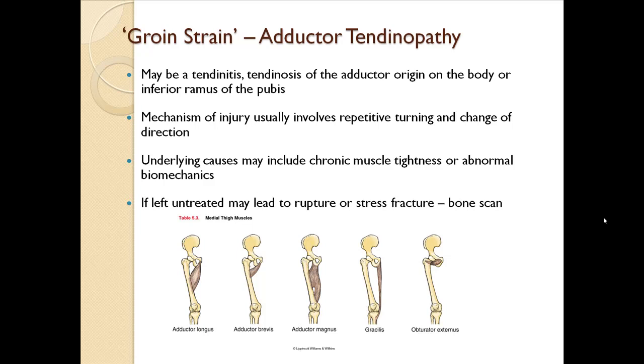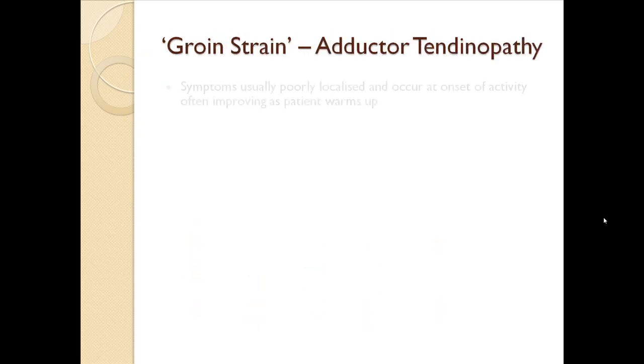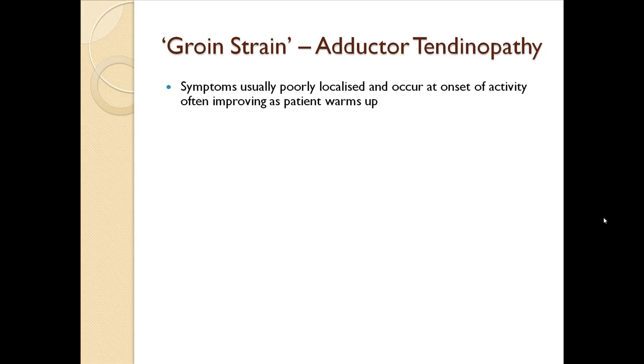If untreated, the adductor tendinopathy or the groin strain may lead to a rupture because of degradation of the tendon itself, or indeed may lead to a stress fracture, which can be identified using a bone scan. The groin strain symptoms are invariably poorly localized, and the symptoms themselves are often better if the individual warms up and loosens off.